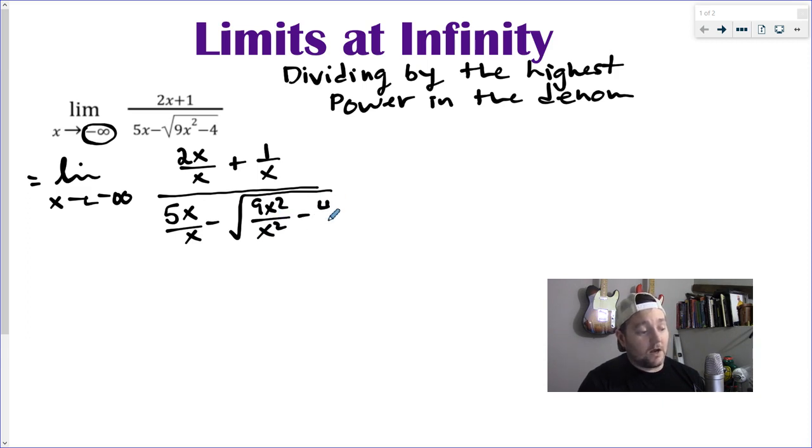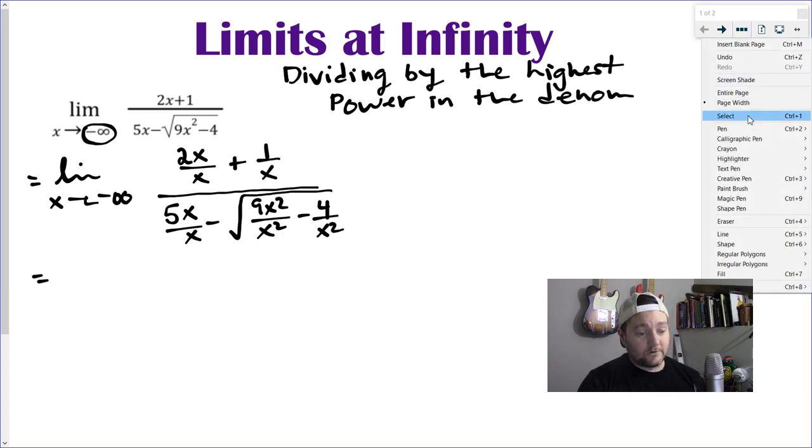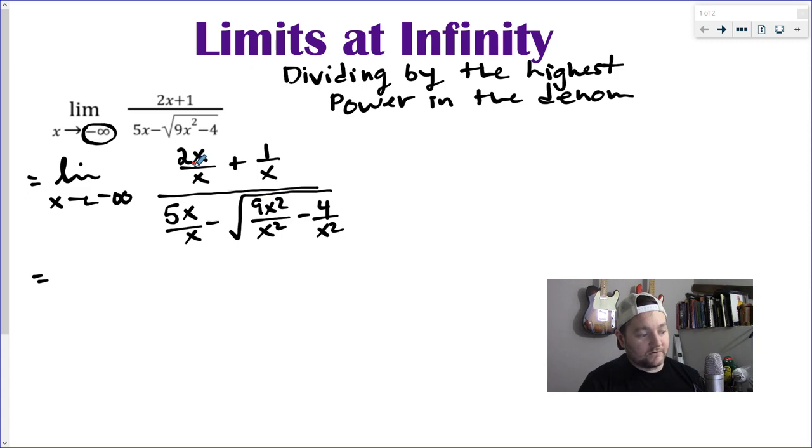Just keep that in mind when you have a square root. That's the most common scenario, as opposed to a bracket with a squared on it. Now we simplify where we can. I'll take out my red pen and cancel these x's just like that, and these x's. These go away, and that's all that really cancels.